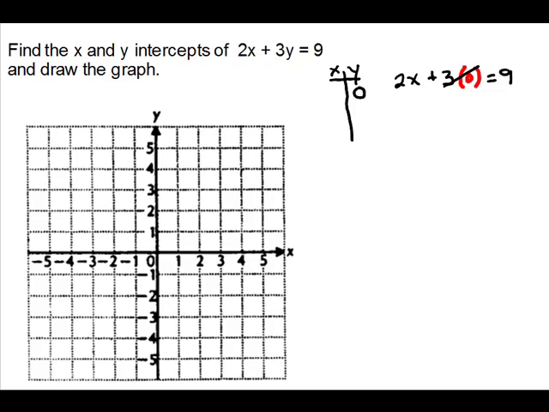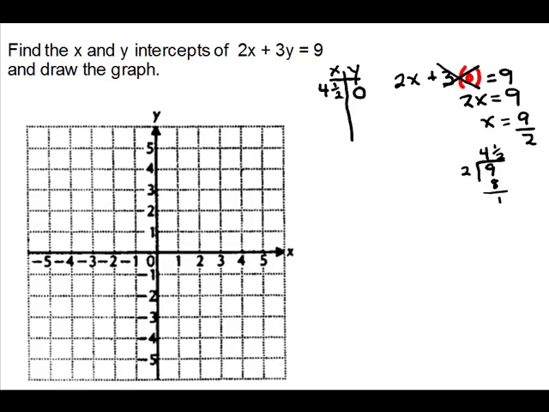And this piece will cancel out. So we have 2x equals 9, and we'll divide by 2. This one gives us a fraction. It will be easier to locate if we change over to a mixed number. So we'll divide 2 into 9. And we get 4.5.